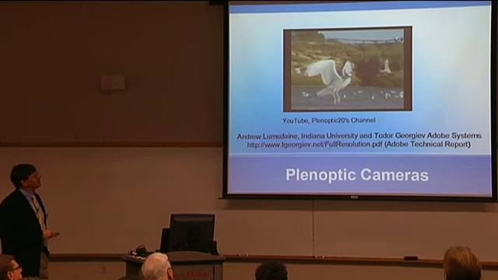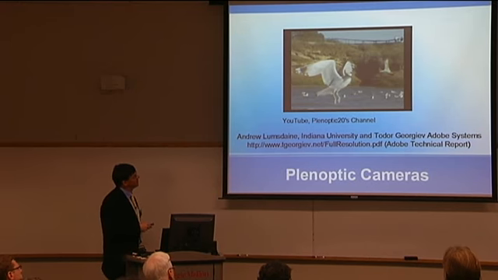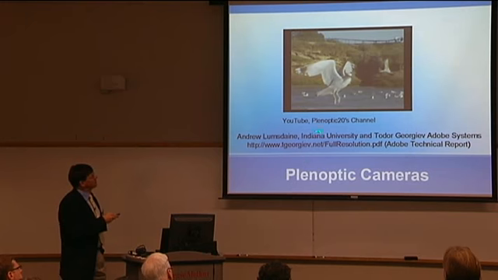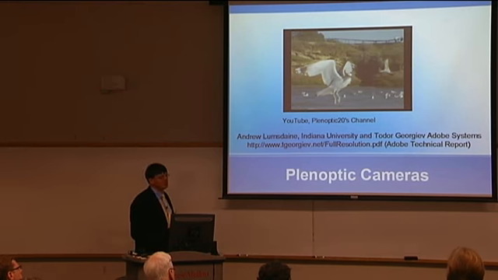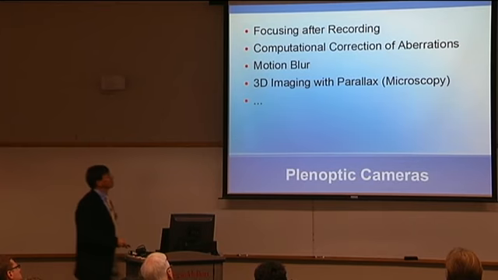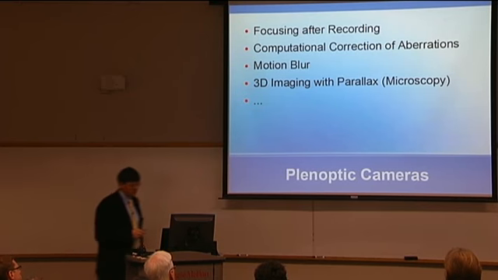Or we have this nice parallax built into the data that we are recording. This is just one example that I picked up from YouTube. There are more. Mark Levoy has movies there, and some other groups. This is just to demonstrate what we can do with this: focusing after the recording, computational correction of aberrations and motion blur.